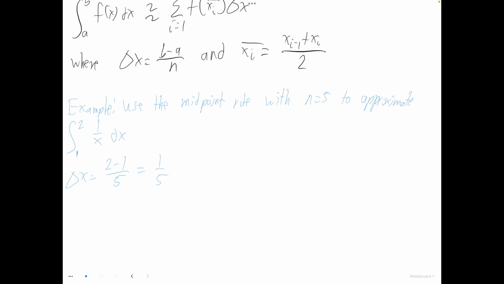So delta x is 1/5, and the intervals that we're looking at are going to be 1 to 1.2, 1.2 to 1.4, 1.4 to 1.6, 1.6 to 1.8, and 1.8 to 2.